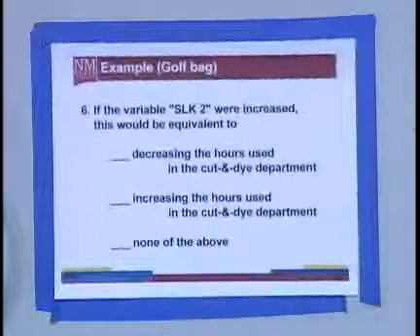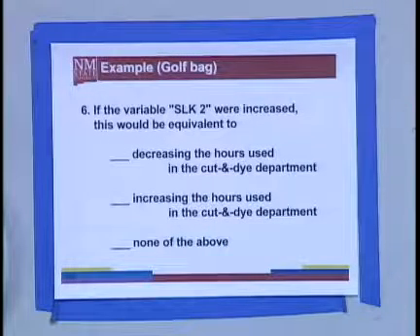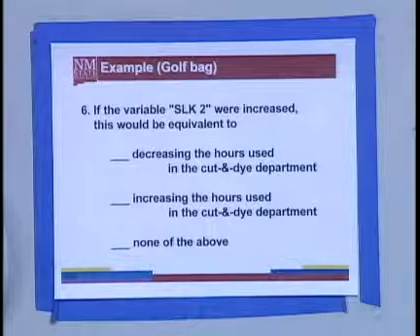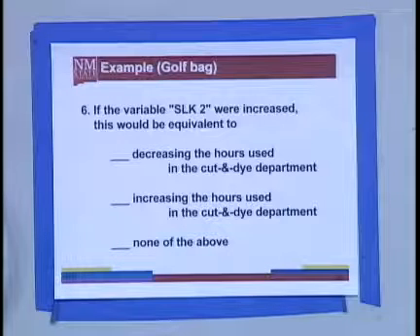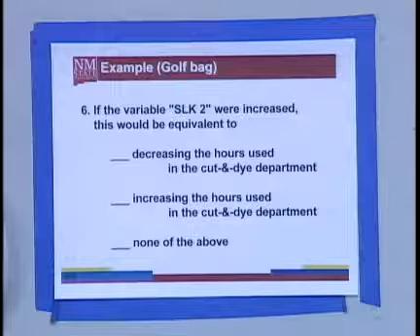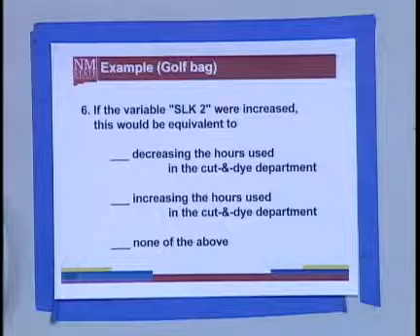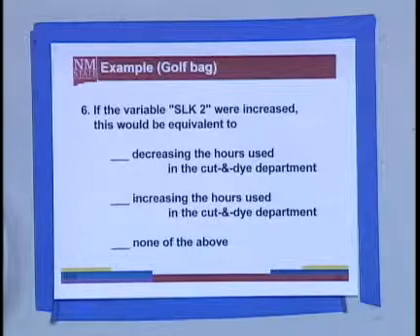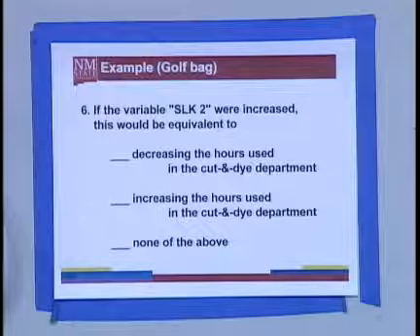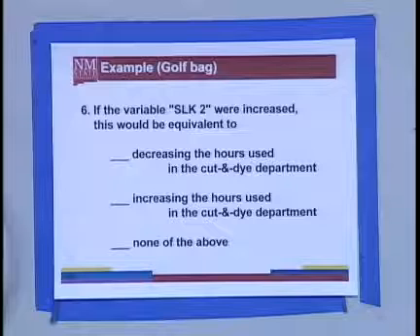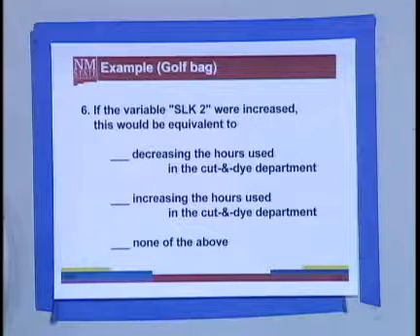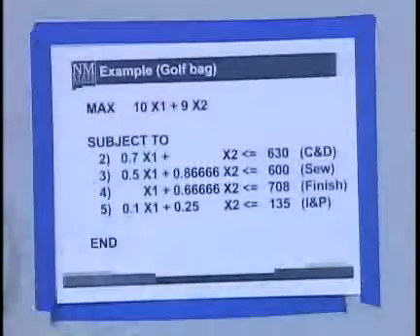What about number 6? Okay, so number 6 is: which of the following is equivalent to increasing the variable slack 2? So we need to consider row number 2, right?